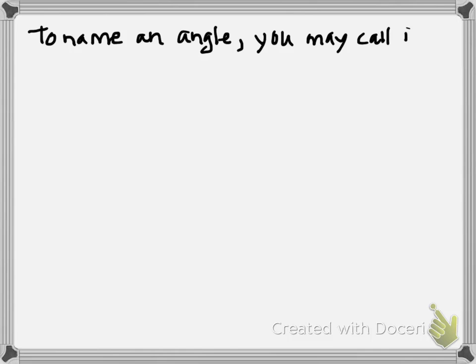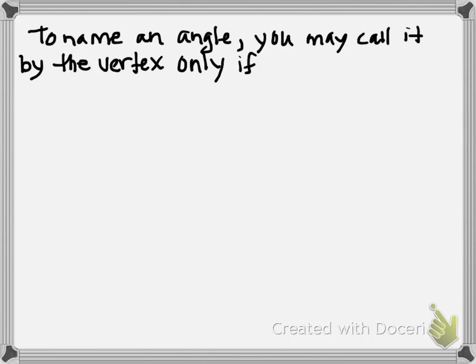To name an angle, you may call it by the vertex, and here comes the issue, only if there is one angle coming out of that vertex.